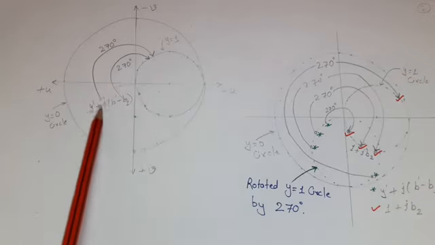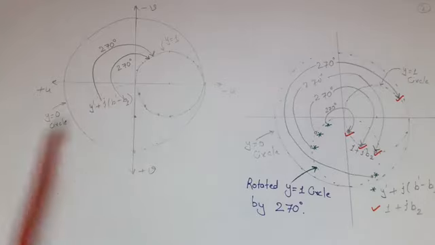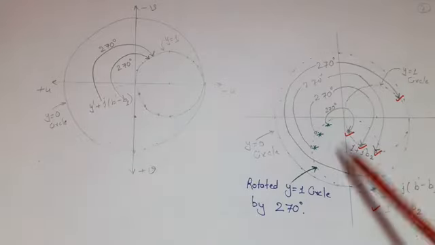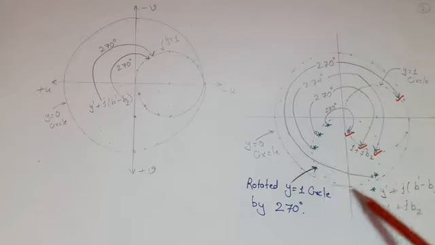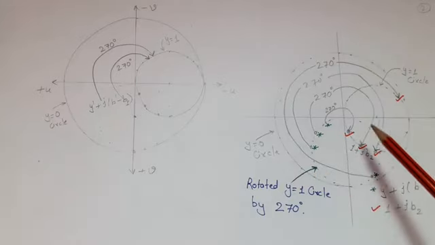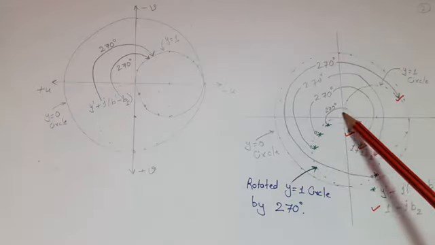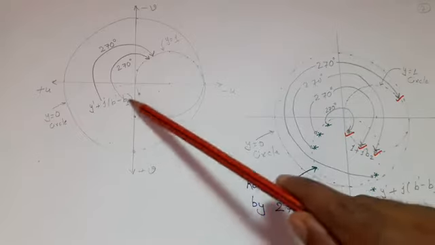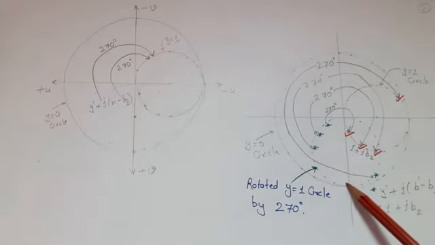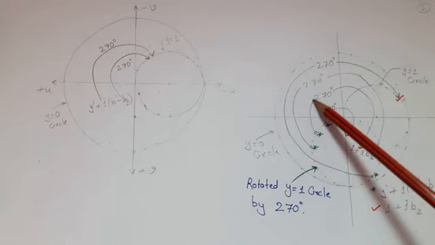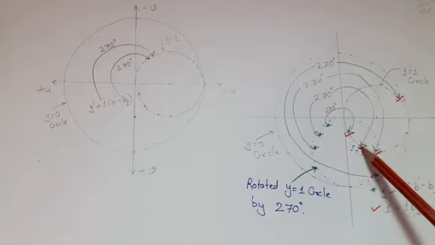For this, we make a replica of the Y is equal to 1 circle at an angle of 270 degrees in the anti-clockwise direction. Now anyhow, if this admittance, that is Y dash plus J into B dash minus B1, lies on this rotated version of the Y is equal to 1 circle, then after a rotation of 270 degrees, we will fall on the Y is equal to 1 circle.